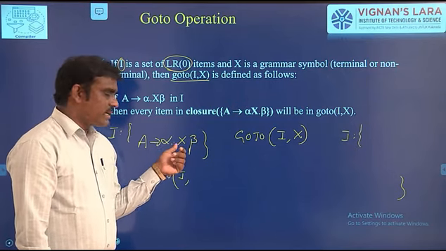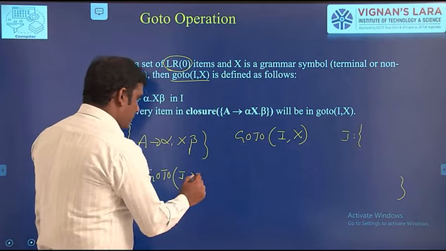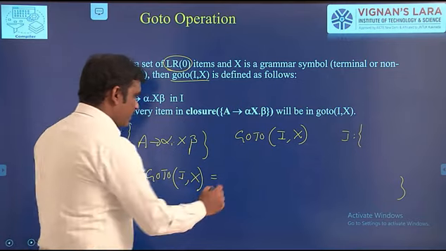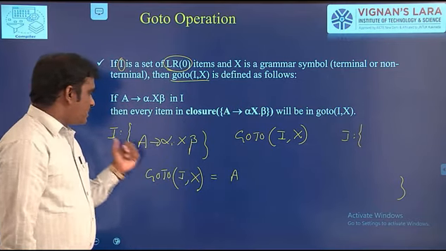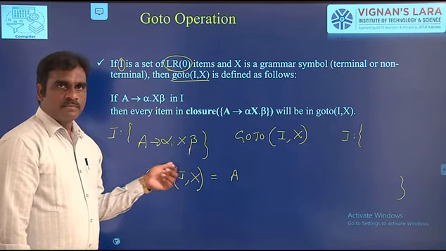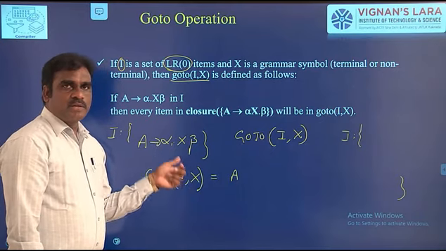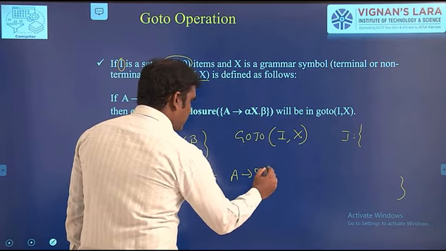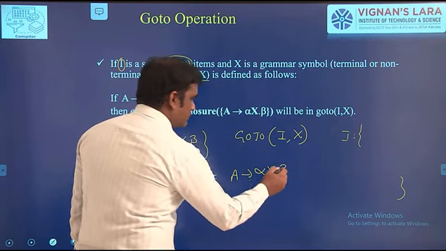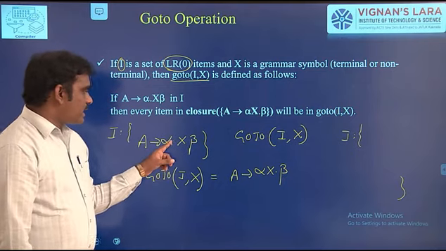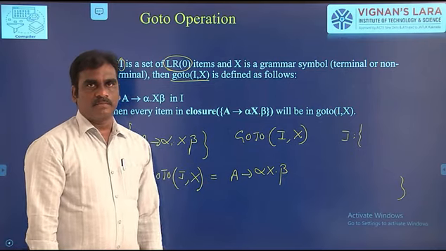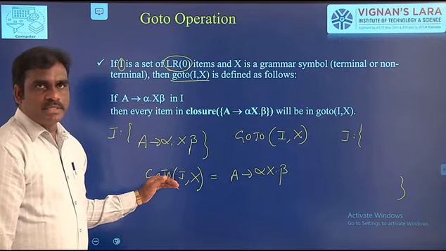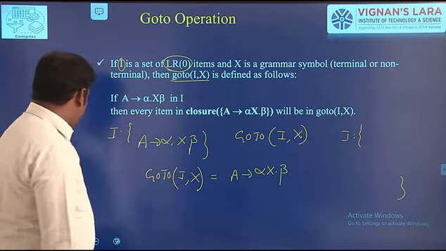So here the dot is followed by X, so write X. After performing this operation, the result is like this: A → αX·β. That means the dot is moving to the right-hand side. In this way, the goto operation is performed.